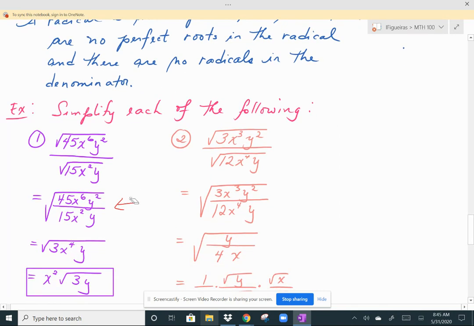Now I can simplify what's on the inside. 15 goes into 45 3 times. X to the 6th divided by x to the 2nd is x to the 4th. Remember, you subtract your exponents. And y squared divided by y is just y. So now that I see it the way I wrote it in the third line, all I need to do is simplify x to the 4th.